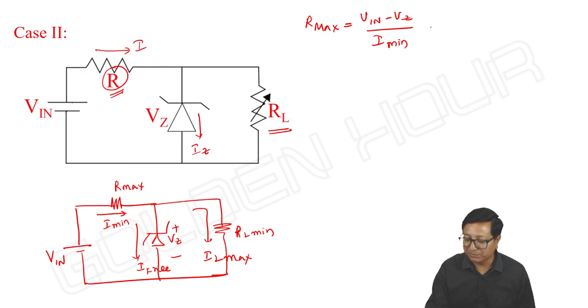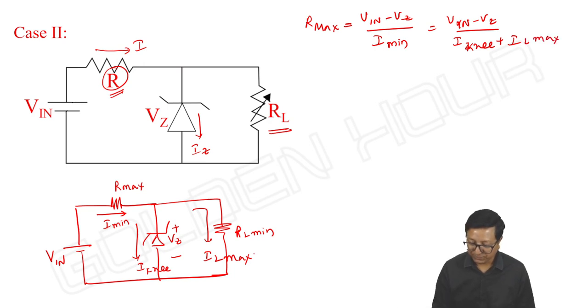What is I minimum? It is V in minus Vz by current through the Zener diode should be minimum, and here as R is variable, I right, definitely IL should be maximum. IL maximum is equal to Vz by RL minimum.